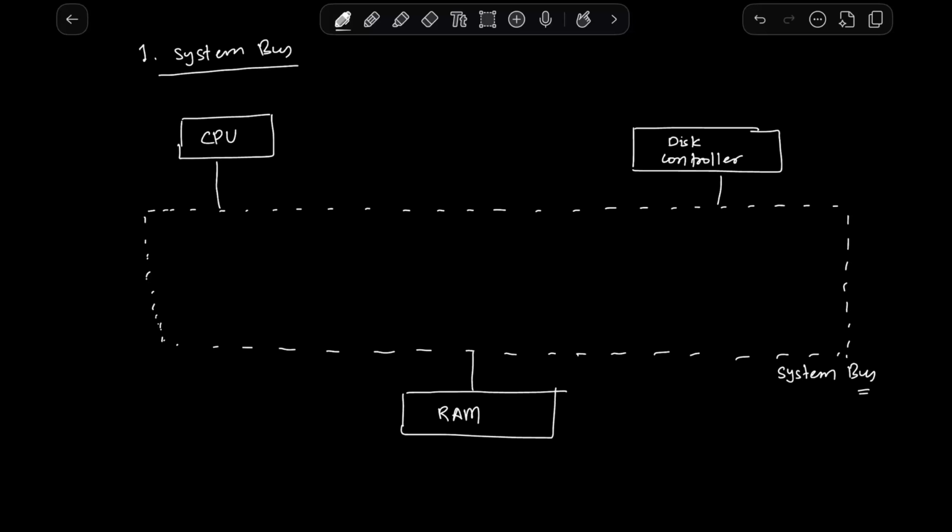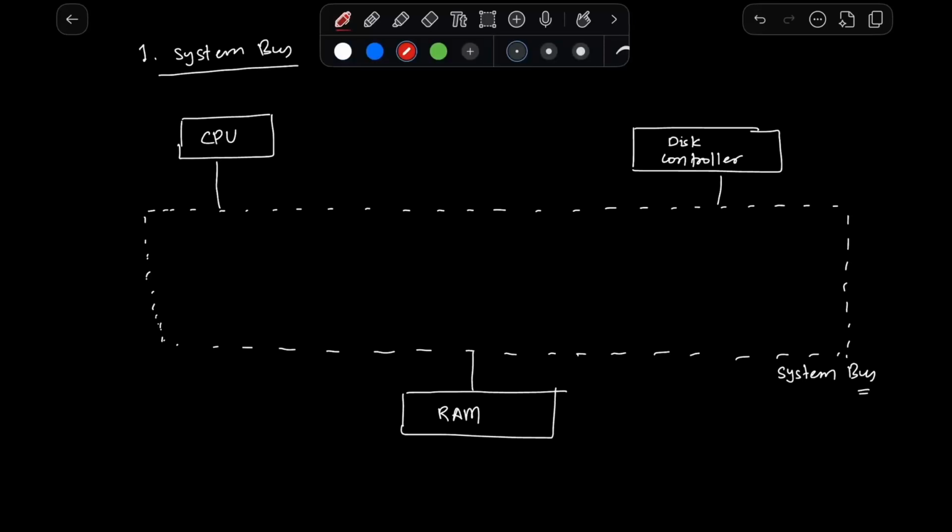Now there are three types of roads which we discussed. The very first one is address bus, then data bus, and then control bus. So if we want to depict that also, let's do that.